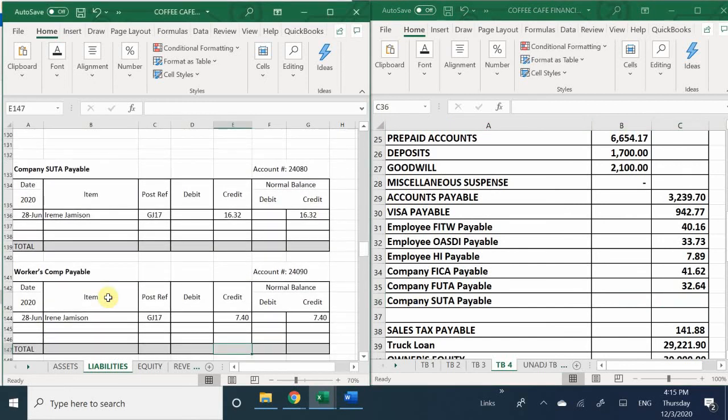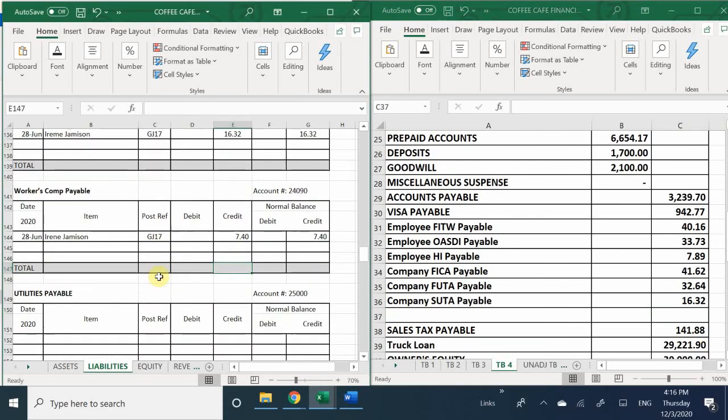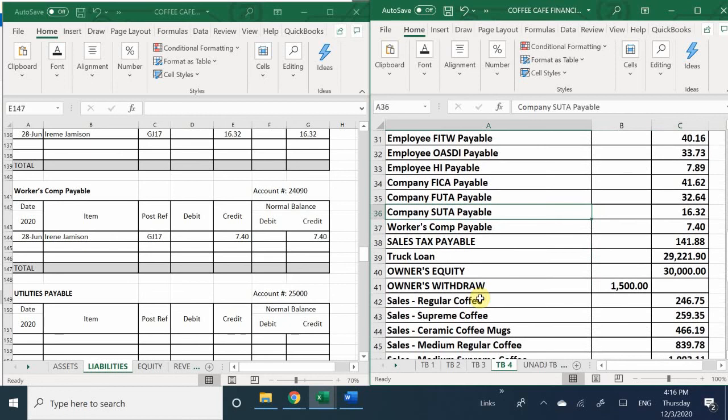And that one's $16.32. And then lastly, we have workers' comp payable. And that one is $7.40. Okay.